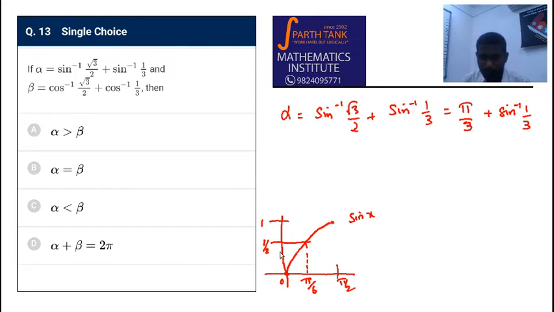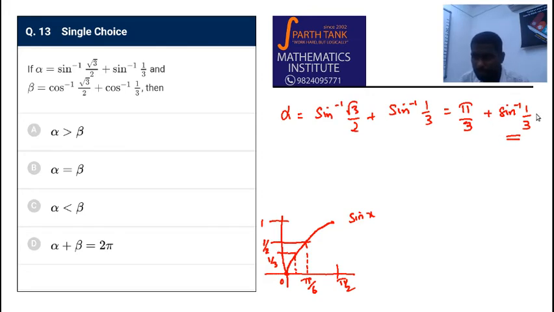Therefore, 1 by 3, which is somewhere here, would belong to a smaller angle. So what I am trying to say is that this angle is going to be less than pi by 6. You understand this? Because sine x is an increasing function. Sine 30 is 1 by 2, so 1 by 3 would belong to a much smaller angle because 1 by 3 is less than 1 by 2.